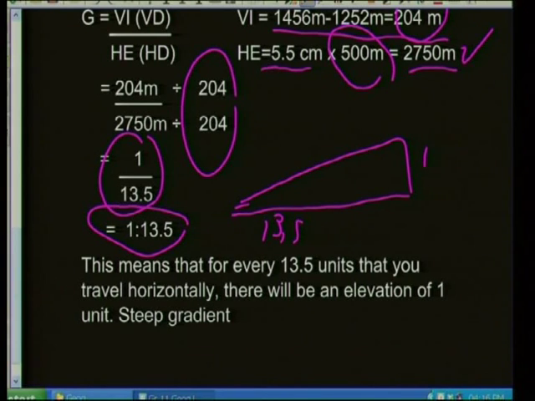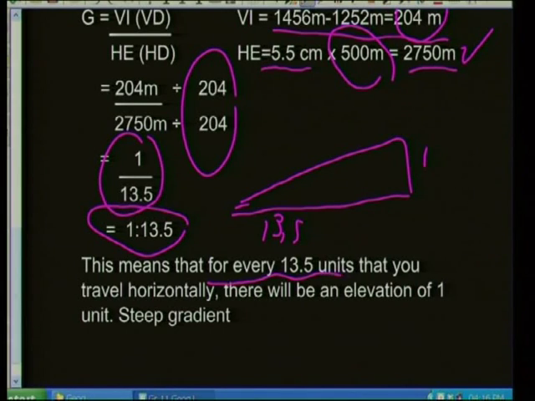Now, it's quite a steep gradient, this. You must remember, if we take it in kilometers, for every 13.5 kilometers, we change by 1 vertically, which is quite steep. When we ask you to interpret it, we say, what does this mean? It means that for every 13.5 units that you travel horizontally, there will be an elevation of 1 unit. It's quite steep.